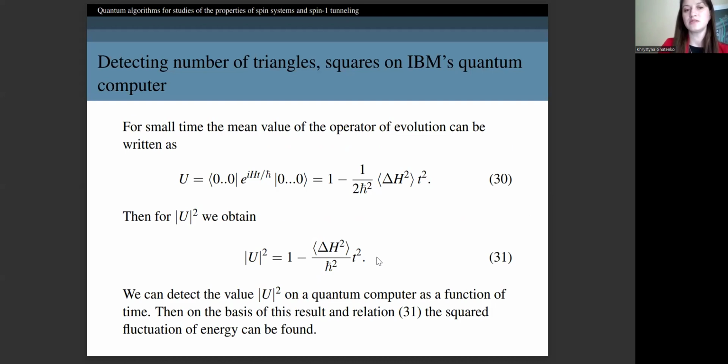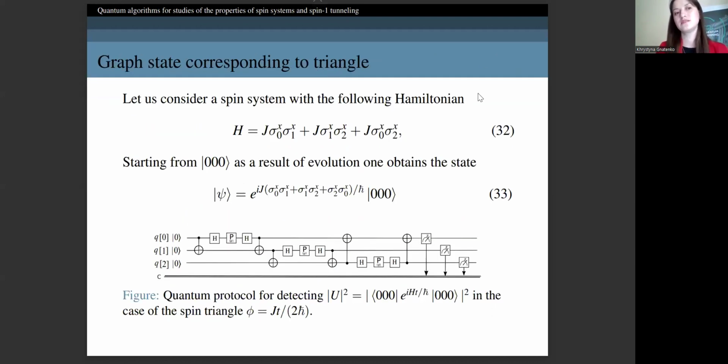So what about the results? For instance, for quantum graph state corresponding to triangle or spin system with this Hamiltonian. So we have that the interaction in our spin system can be described with triangle.